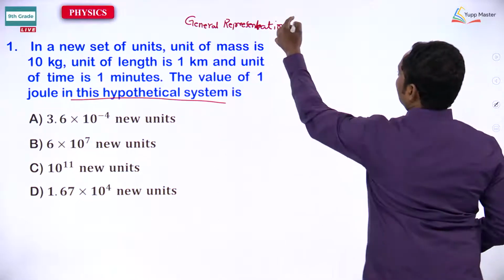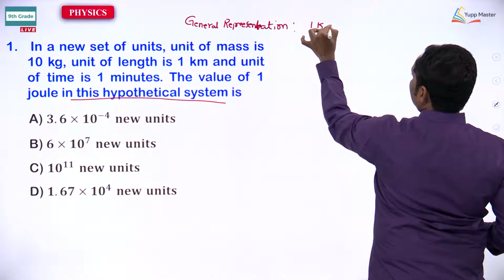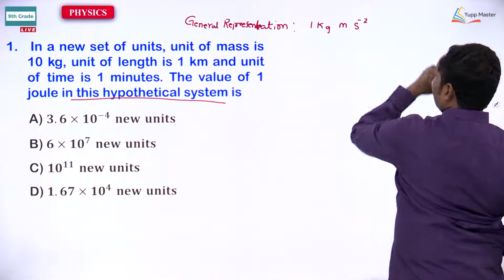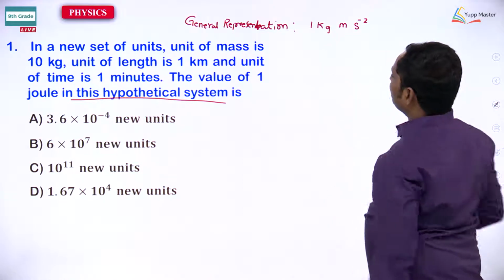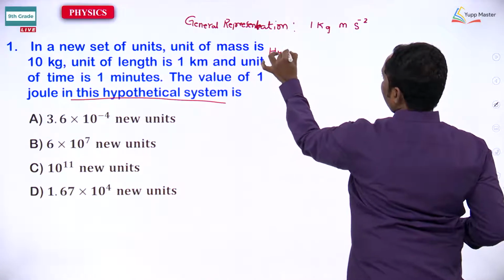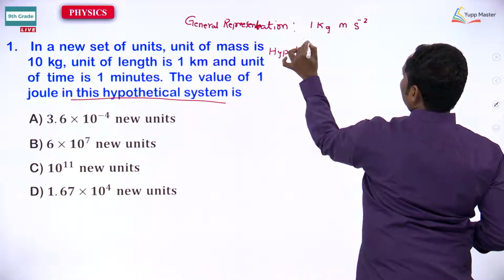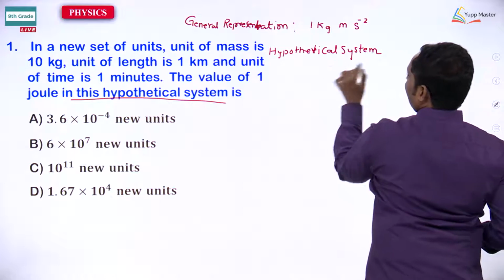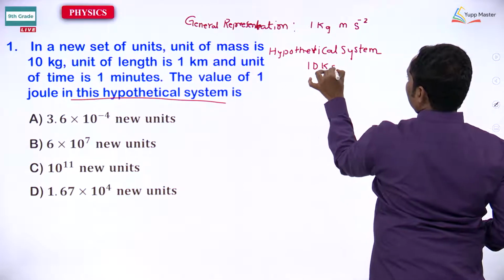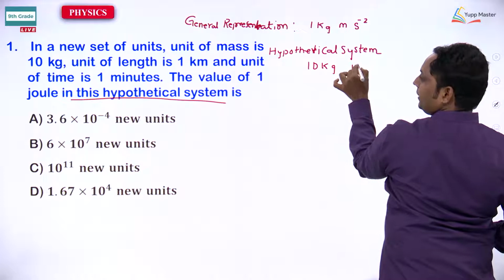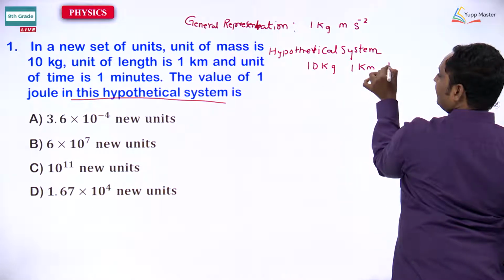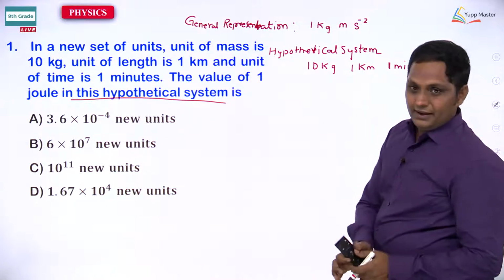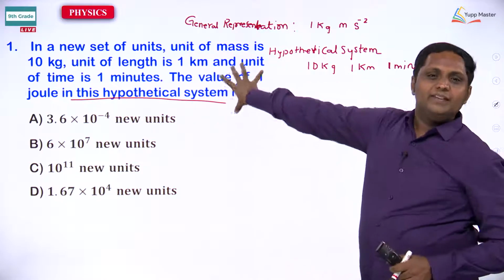In the hypothetical system, we have 10 kg, 1 kilometer and 1 minute. This is the case they have given. What is the value of that joule in this hypothetical system?